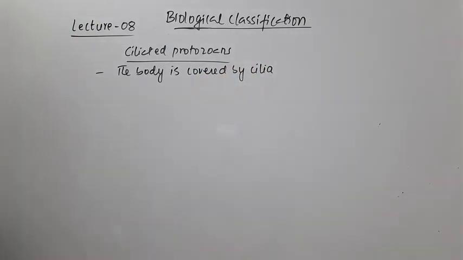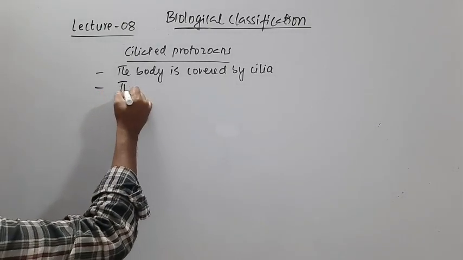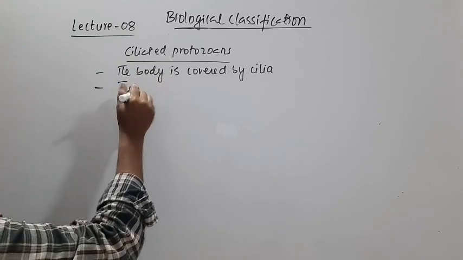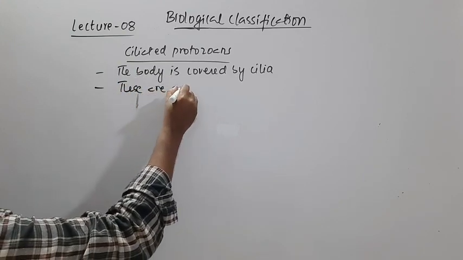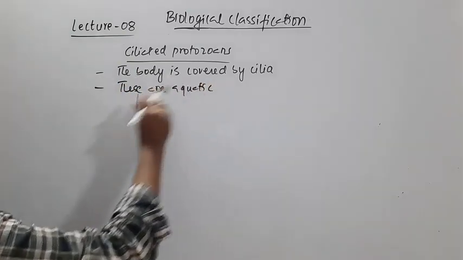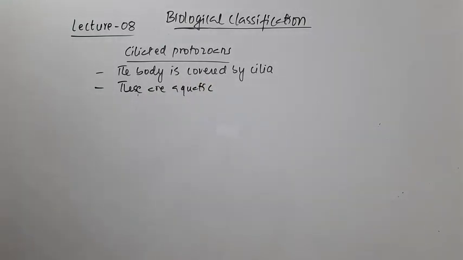These cilia will help in locomotion and also help in capturing food. Now these are aquatic organisms, which means they live in waters.